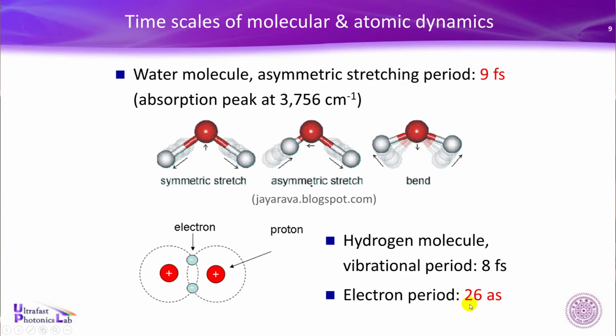The period reduces to 26 attoseconds. So clearly, if you want to observe electronic motion, you need a laser pulse as short as 26 attoseconds. But if you just want to observe the vibrational states of water molecules, maybe femtosecond pulses should be sufficient.